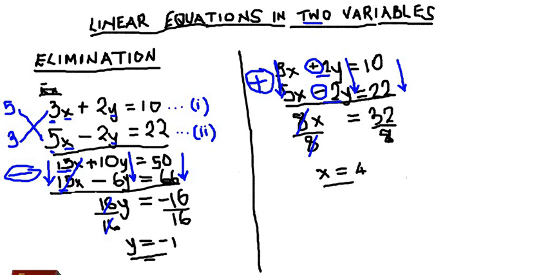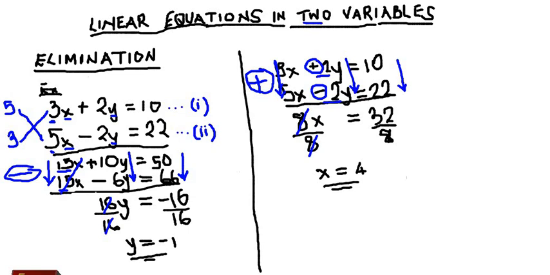So we have solved the simultaneous equations by the elimination method. You can check by substituting the value of x, which is 4, and the value of y, which is negative 1, into either equation 1 or equation 2, to confirm that the two values we have found are indeed correct.